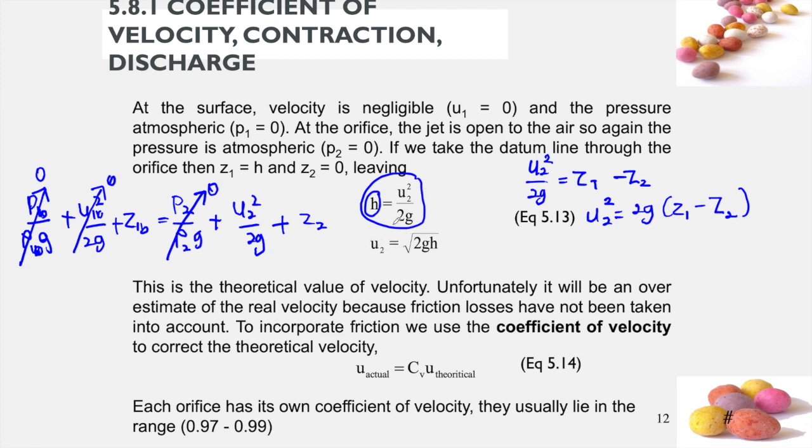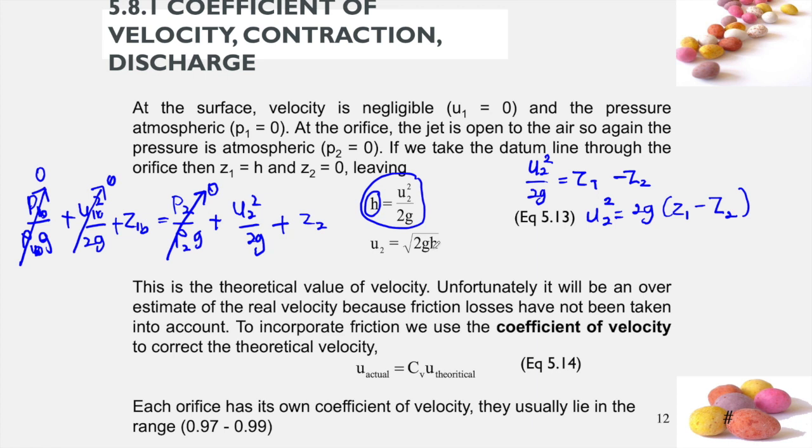So rearrange and then you will get u2 equal to square root of 2gh. So that is your velocity. But for this velocity, it is a calculated value, or a theoretical value.